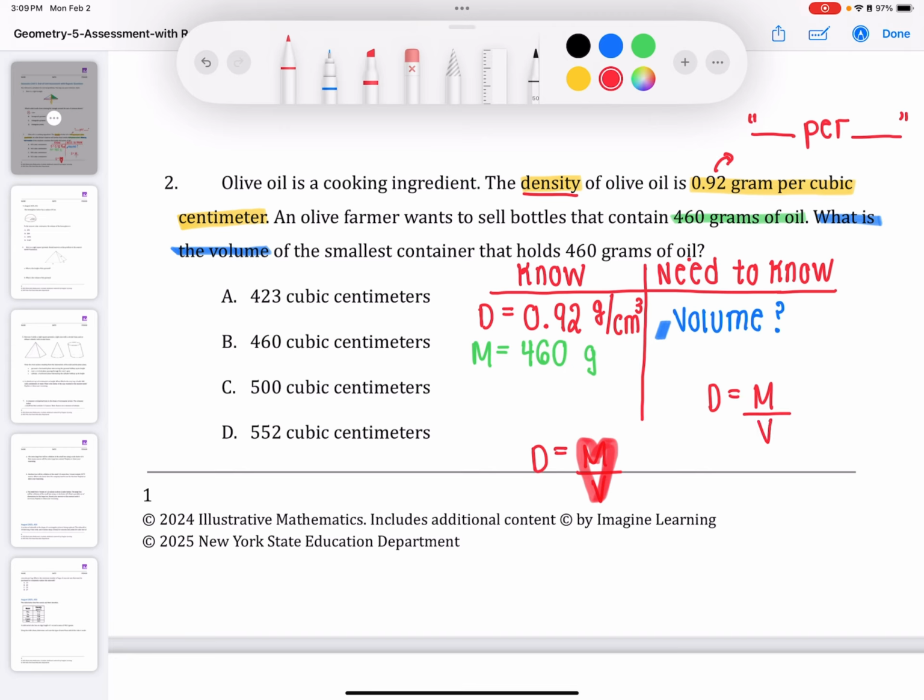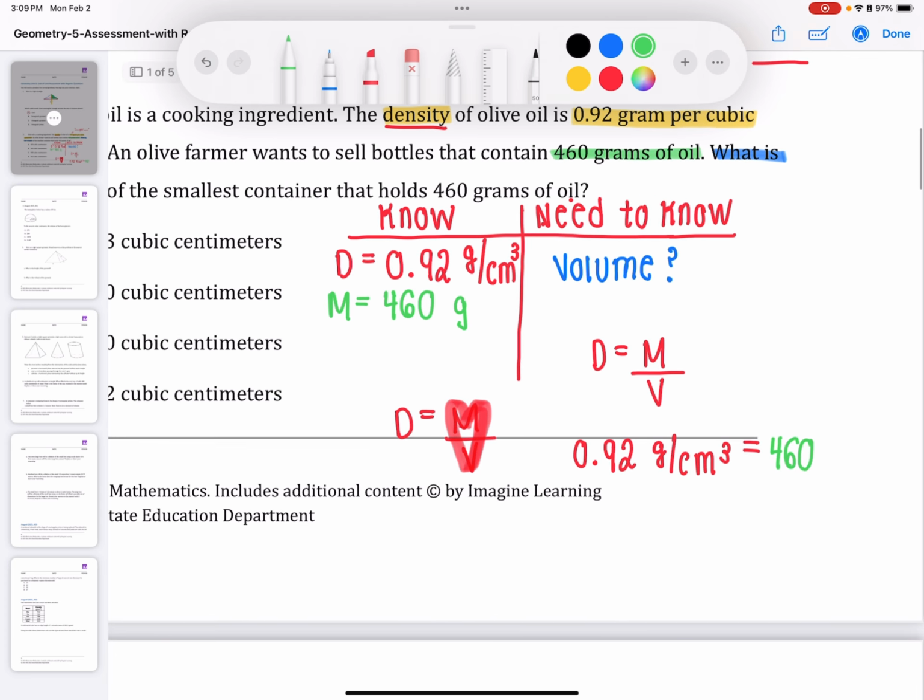I'm just going to rewrite my formula there before I replace all the letters with the values that they gave us. So grams per cubic centimeters for density. Mass, I'll write it in green, it's 460 grams divided by volume, and I'm trying to find V.